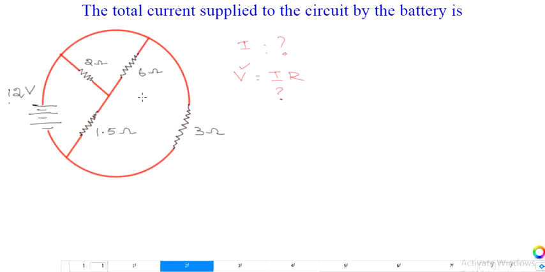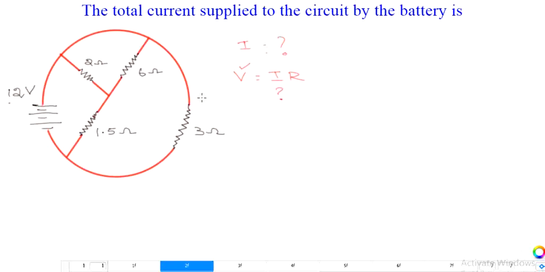Therefore, we have to find out the equivalent resistance of all these 4 resistances. Now, we have to redraw the circuit.